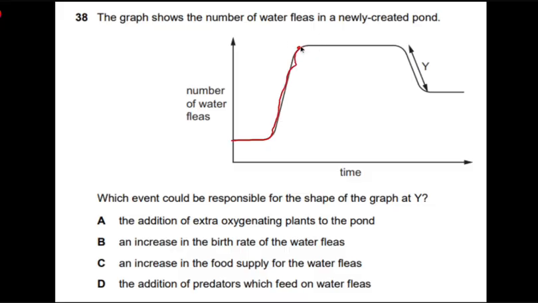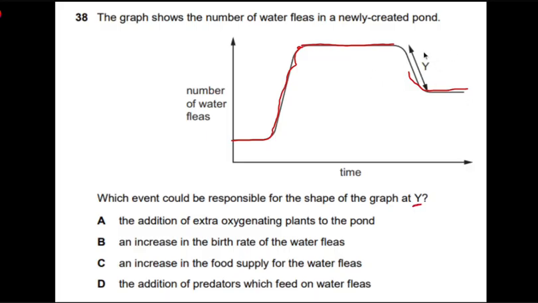From there, there is a constant maintenance of the flies. Then from here at point Y, there is a decrease, and then it goes like that. The question asks, what event could be responsible for the shape of the graph at Y?